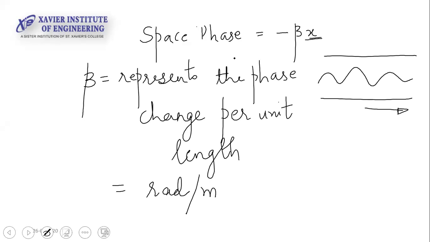Now we go a little back into physics. From physics, we know that whenever there is a phase change in a wave motion, you have all done wave motion, then that distance is called as what? Anybody?